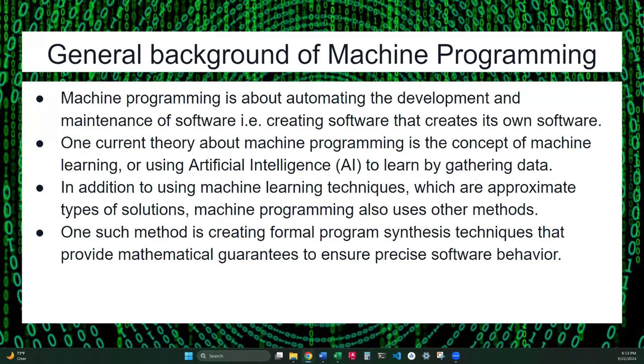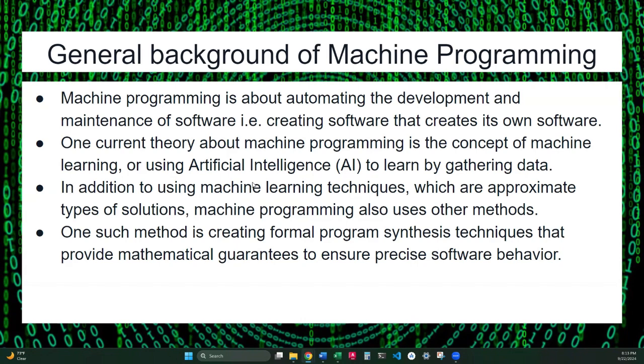Machine programming is about automating the development and the maintenance of software, like creating software that creates its own software. One current theory about machine programming is the concept of machine learning, or using artificial intelligence to learn by gathering data.